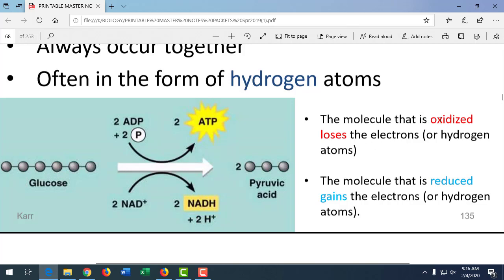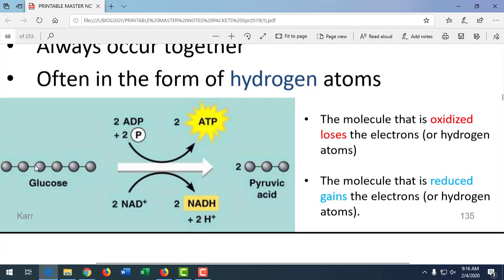When it's the opposite direction, when we gain electrons or hydrogen atoms, we say that molecule is reduced. So if this, I'm sorry, gaining electrons, NAD plus is reduced because it gained hydrogen atoms.